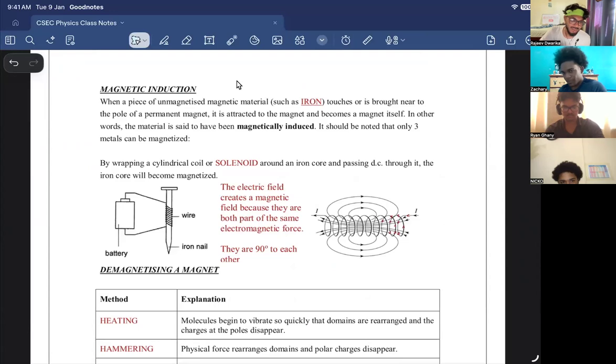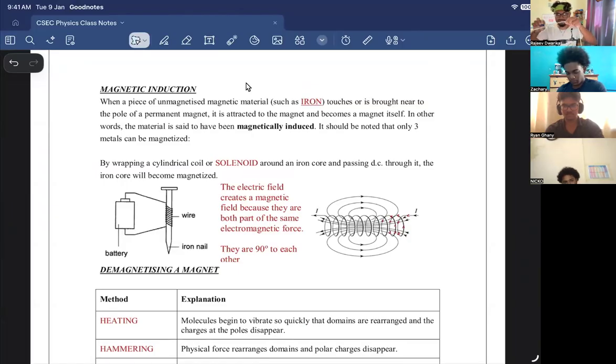So, I have a question. Ryan, we just said that when you pass a current through a wire, it generates a magnetic field around it. On its own, do you think that magnetic field is very strong? We have wires all around, I have so many wires here.